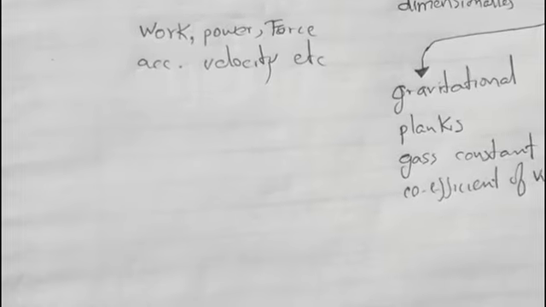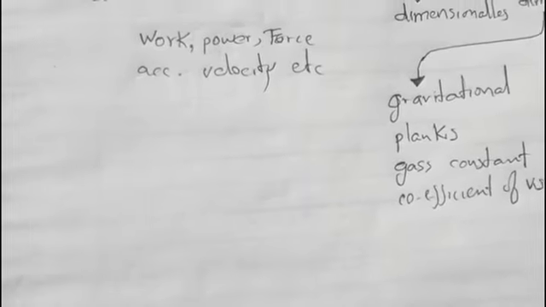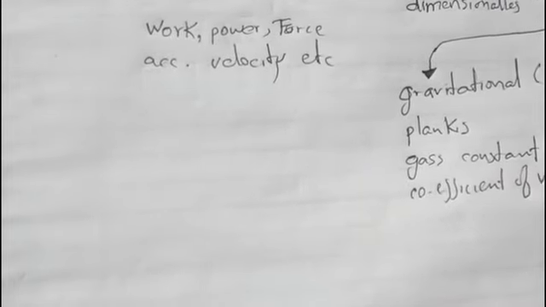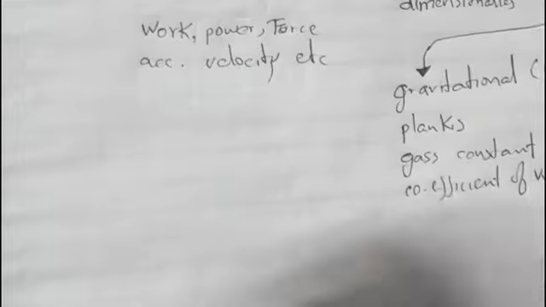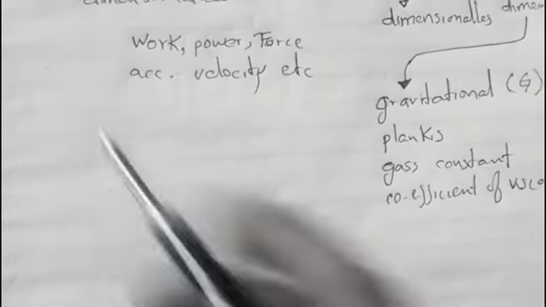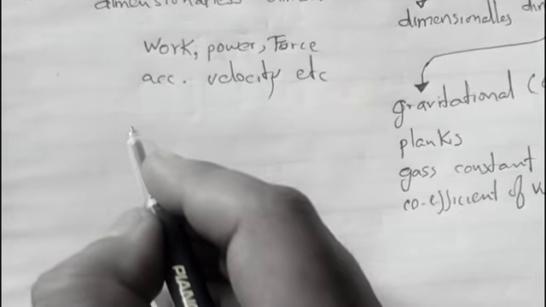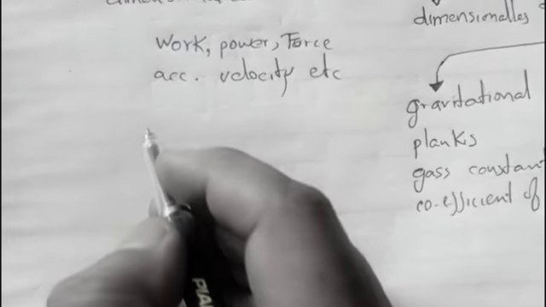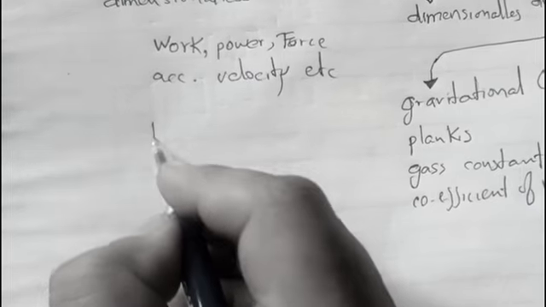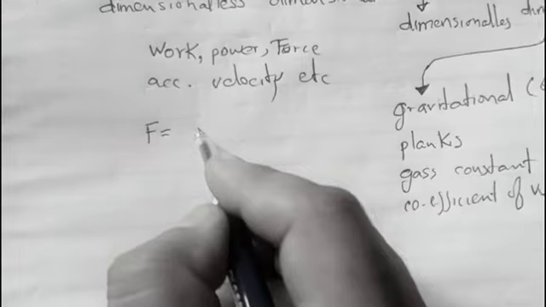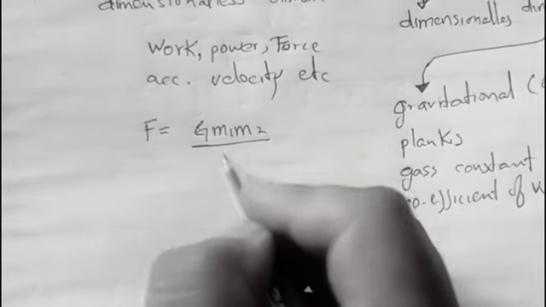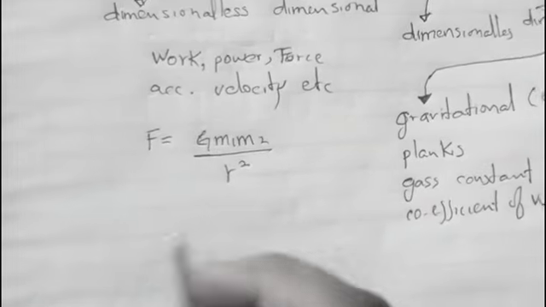Now let's learn how to find the dimensions of the gravitational constant, which is represented by capital G. We see this constant in our school physics, in Newton's law of gravitation, which is F is equal to G m1 m2 divided by r square.